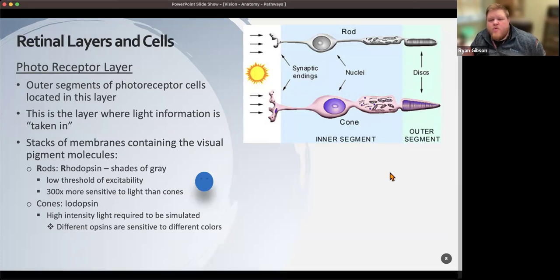So if we had to say what is the most functional unit of the retina, it's going to be this photoreceptor layer, specifically the outer segment, because this is where light's taken in. And again, we dive back into rods, rhodopsin, cones, iodopsin, in terms of what is the portion of it that's getting excited.